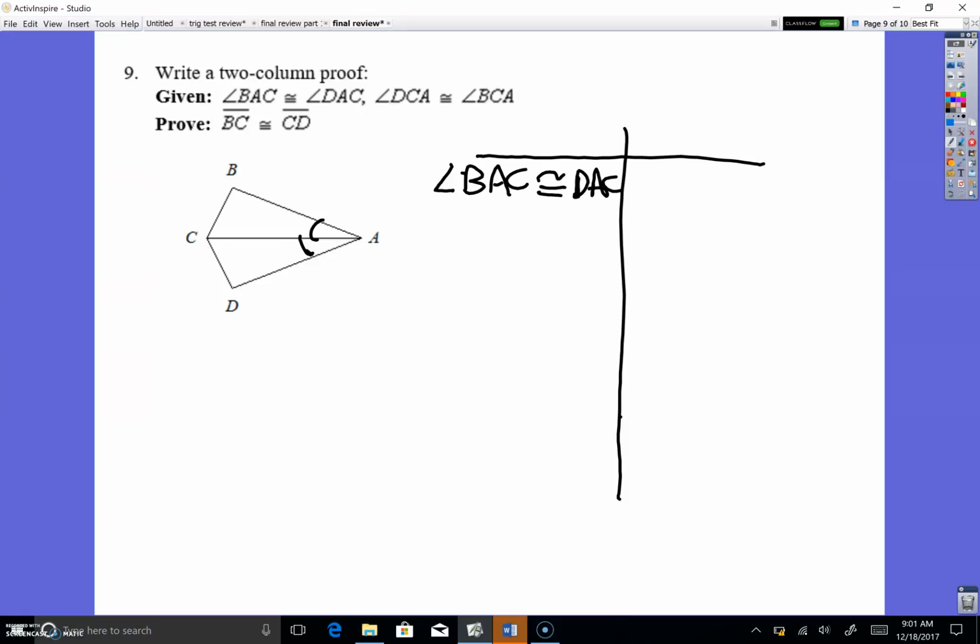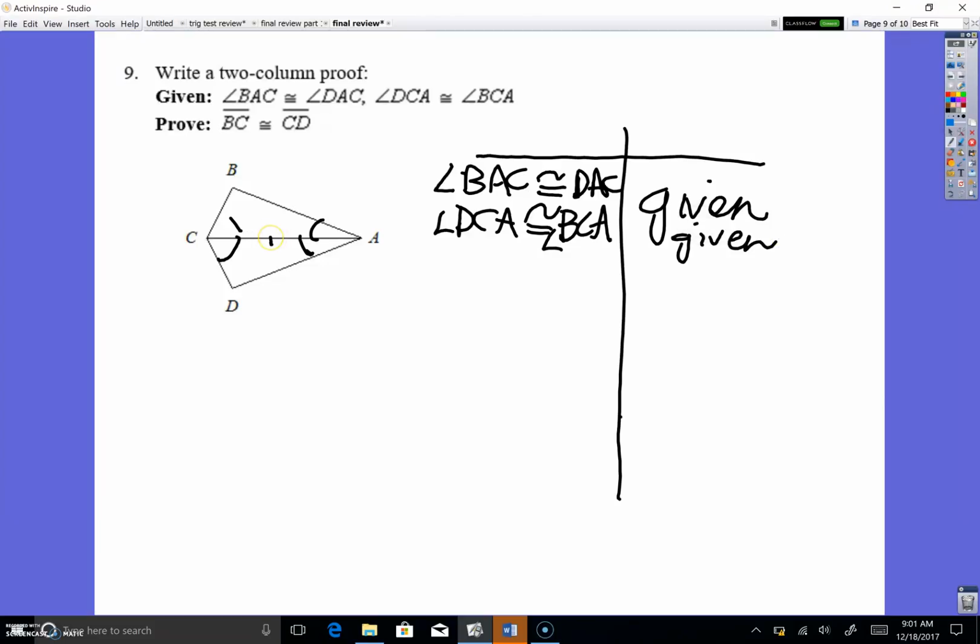Angle DCA is congruent to BCA. Those are all angles, that's what's given. This right here, CA is congruent to CA. Three congruent statements.